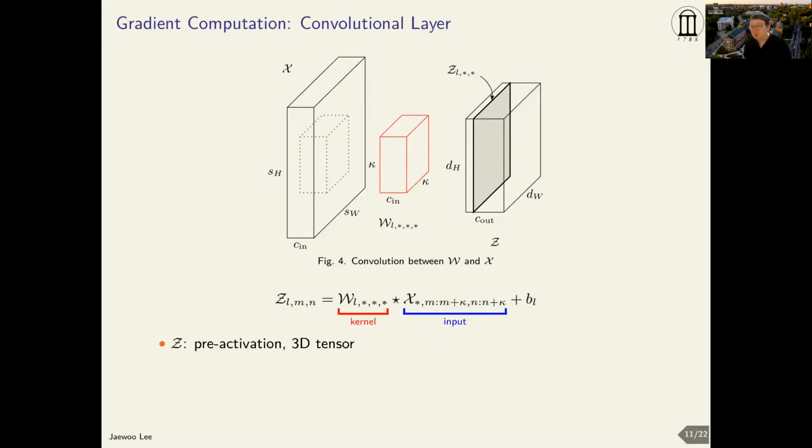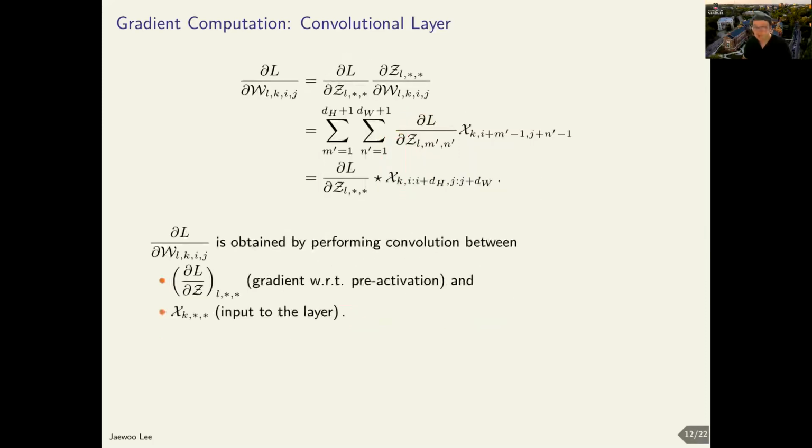Here, the star symbol corresponds to the element-wise product between two tensors. Again, using the chain rule, we can decompose the gradient of L with respect to W as the product of two terms: the gradient with respect to pre-activation and the derivative of pre-activation with respect to the parameter.